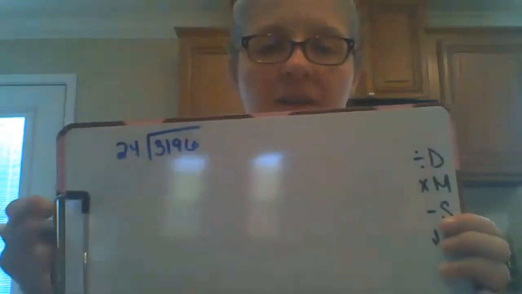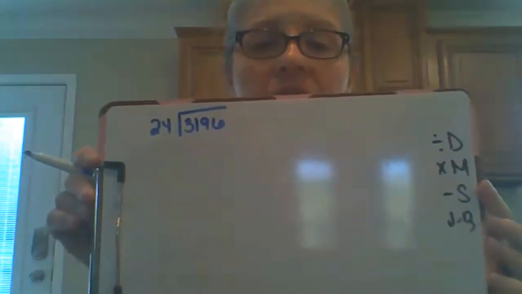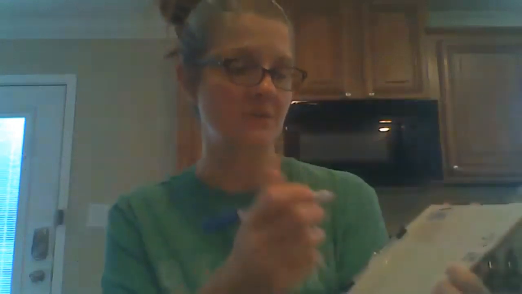So when we're doing this with a 2-digit number, absolutely, positively, nothing changes except we're working with a 2-digit number. That's it, okay? So we're going to do 24 into 3,196. So 3,196 divided by 24.